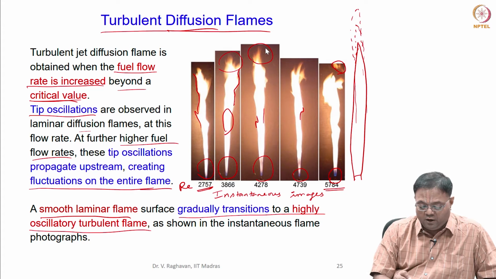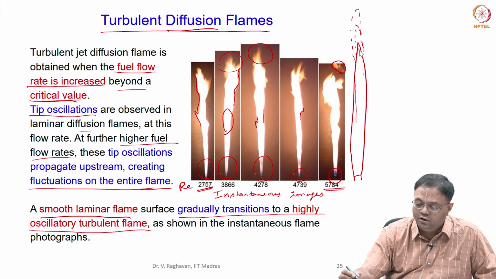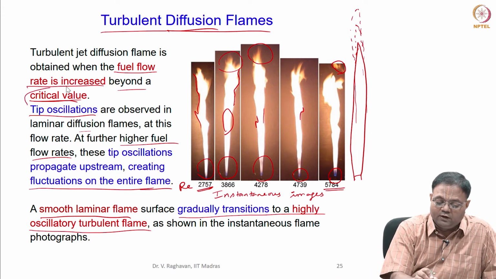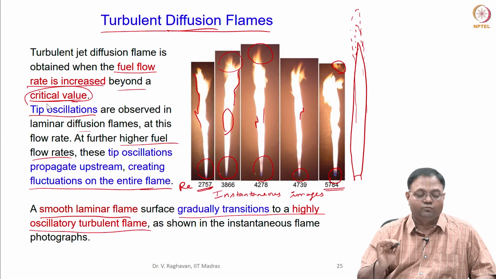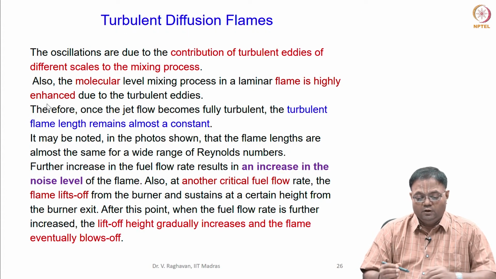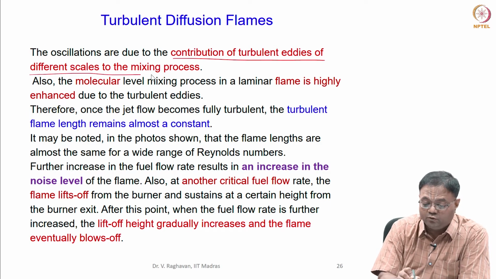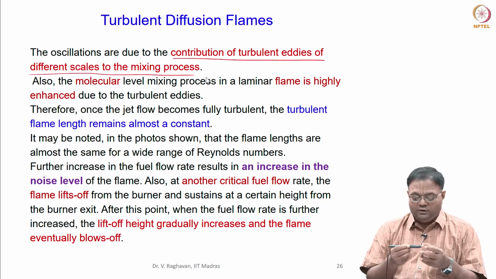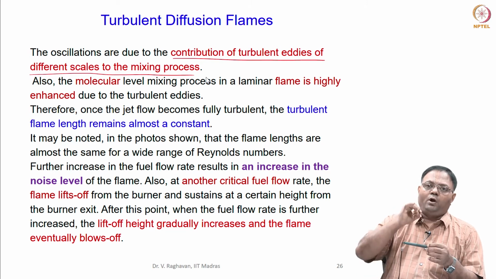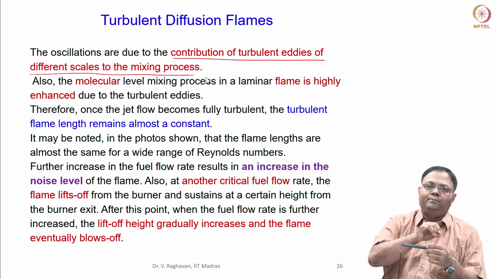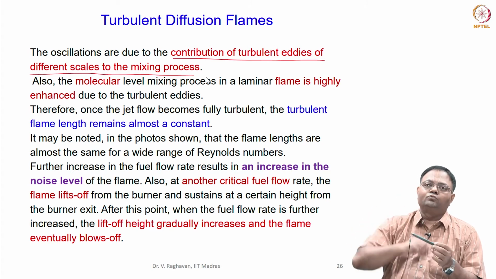So, the main characteristic is the tip oscillation, which starts at a particular flow rate called the critical flow rate, penetrates into the entire length, and the flame becomes oscillatory. These oscillations are contributed by turbulence eddies of different scale in the mixing process. The non-premixed flame is basically set by a proper mixing of the fuel and the ambient air at stoichiometric proportions, where the flame zone is formed.